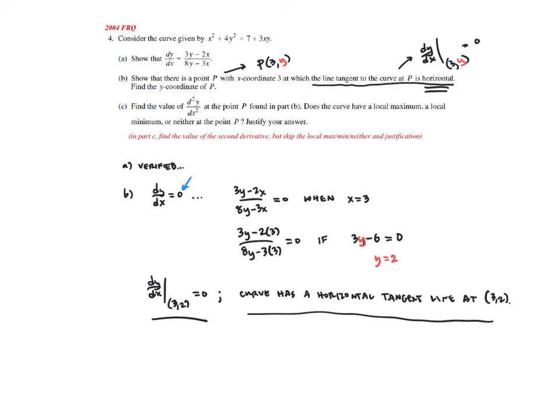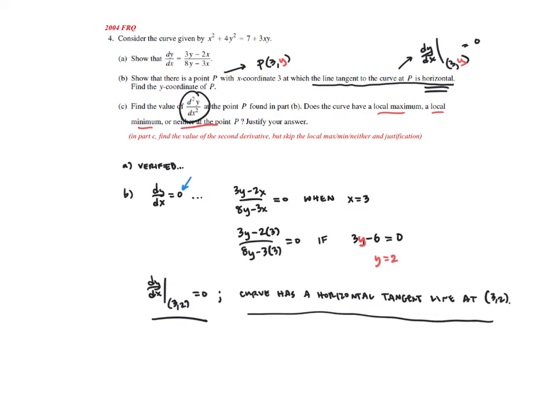It says find the second derivative at point P found in part B. Does the curve have a local maximum, local minimum, or neither at point P? Now, these questions, local maximum, minimum, or neither, we have not studied yet. So all we're going to do here in part C is find the second derivative.